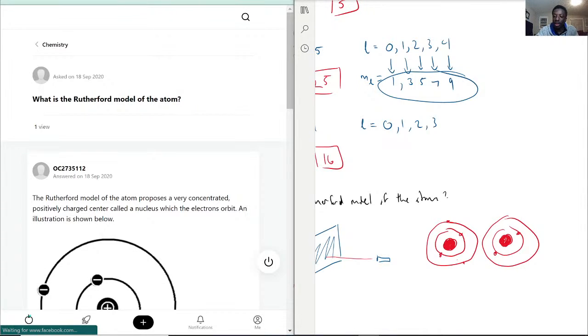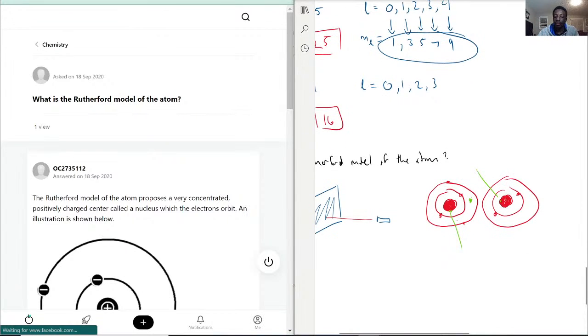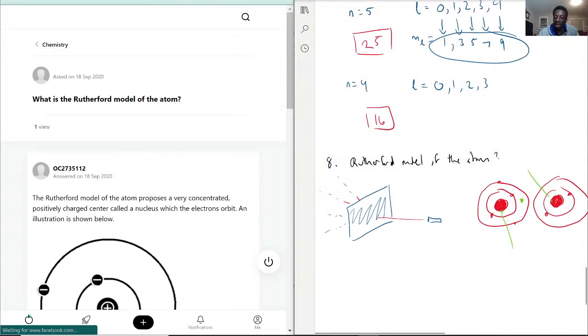Depending on how he moved it, he could shine it right here and it could go straight through, or shine it here and it reflected off, or here and it reflected off. Just things like that, where it's like, okay, now I'm starting to visualize that there is a concentrated spot in certain areas where my beam is being heavily reflected. So that's how he came up with the idea.